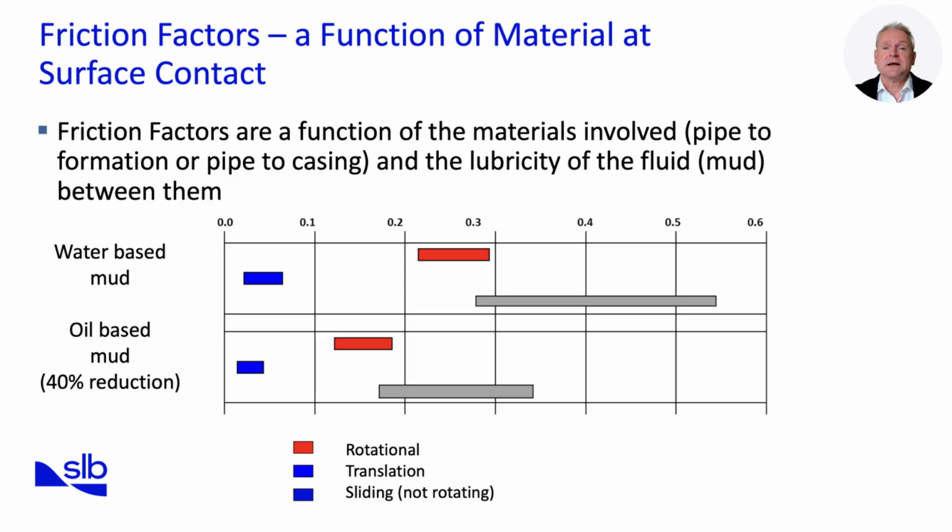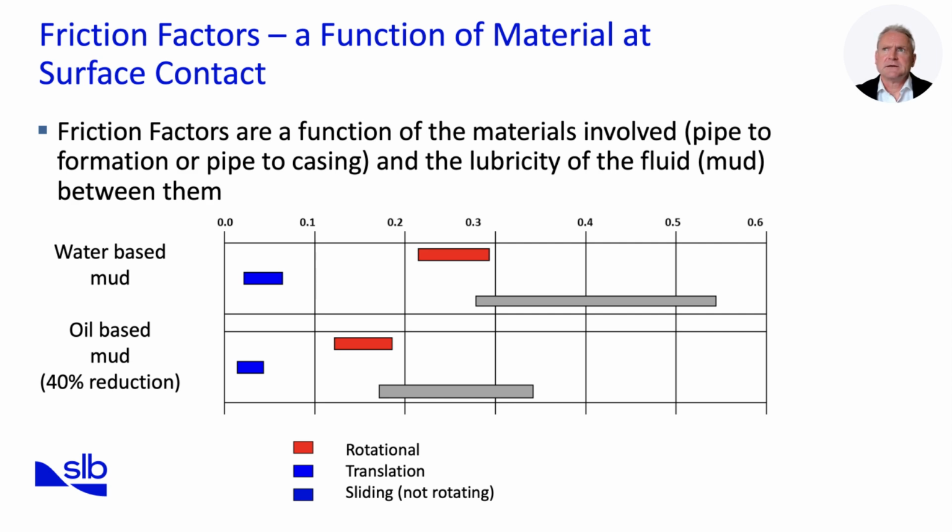What is being shown here is that friction factors are not universal constants, but depend heavily on the material interfaces and the fluid environment present in the wellbore. The drill string interacts with either formation rock or casing, and the resistance generated at these surfaces is moderated by the drilling fluid in place.